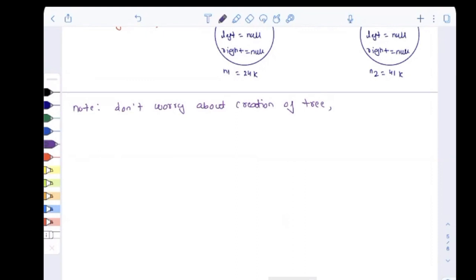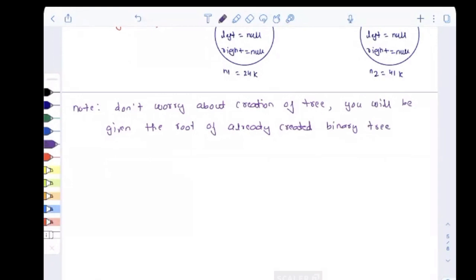Right now, you will be given the root of an already created binary tree and you need to solve a question based on it. Your focus should be on logic, how a question is given, how can I apply logic.